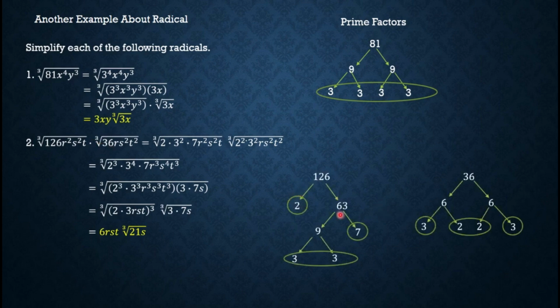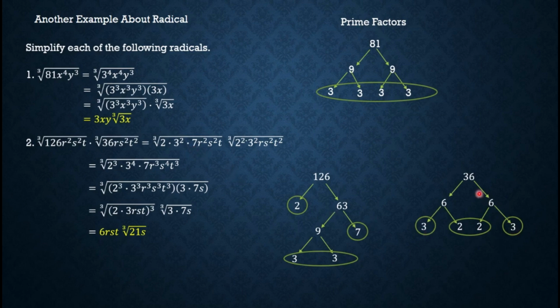Prime factors of 126: 2 times 63 is equal to 126. The factors of 63: 9 times 7 is equal to 63. And the factors of 9: 3 times 3 equals 9. So the prime factors of 126 are 2, 3 squared, then 7.